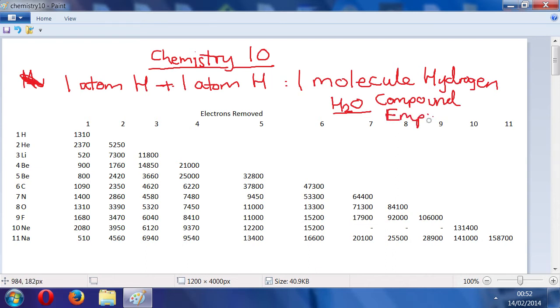It doesn't really matter much, and I'm still going to try not to go over it. Compound empirical formula. Where's my mouse going? Well, it's going to have to do for now.